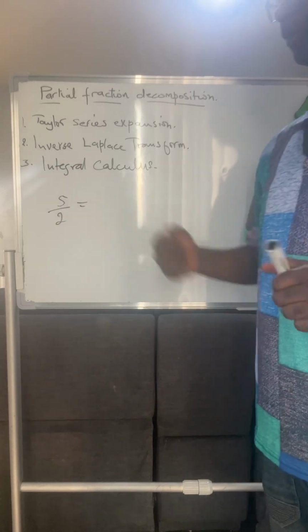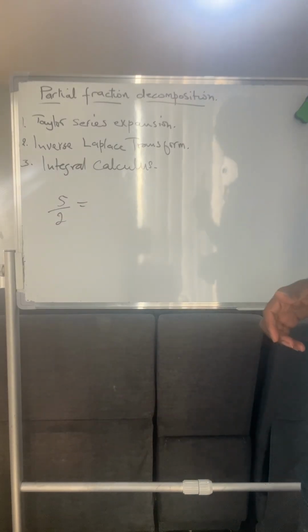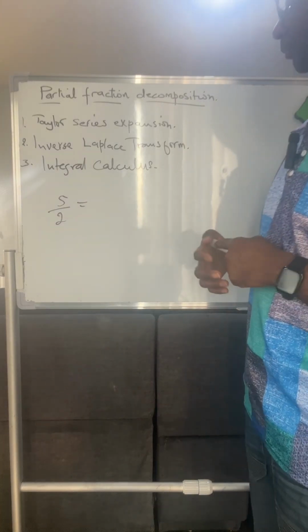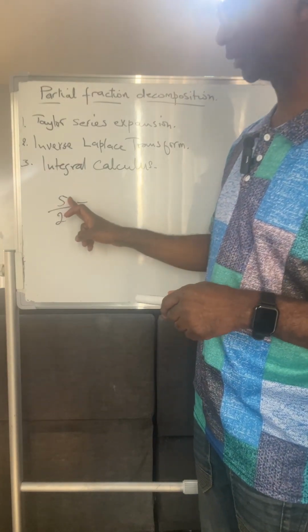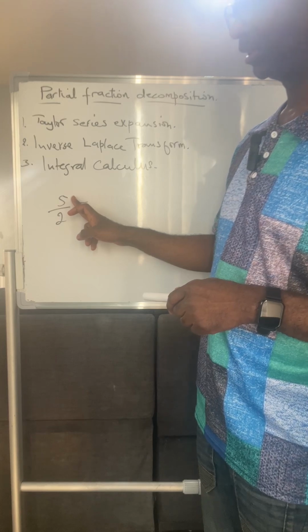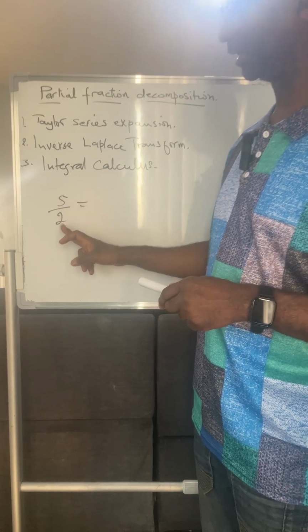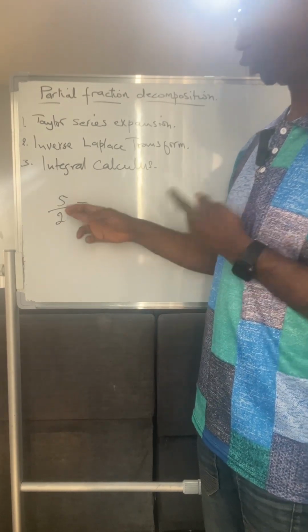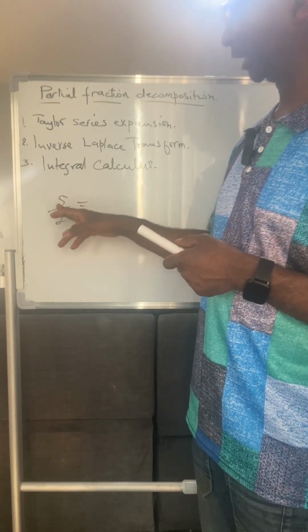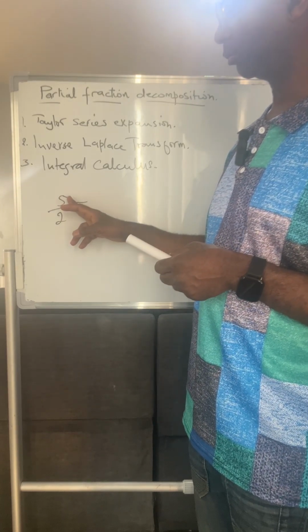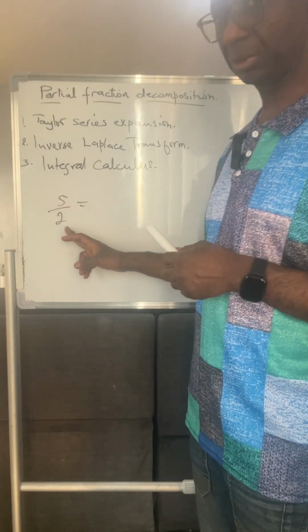This is an improper fraction, and this is one thing you have to be mindful of. Partial fractions are only possible when the numerator is less than the denominator, or what the unknown you have in the numerator is less than the denominator. What you have at the top should be less than what you have at the bottom.